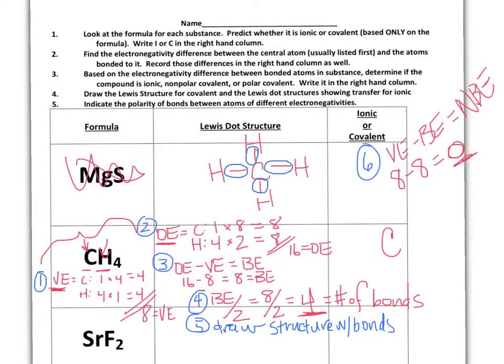But the carbon has 2, 4, 6, 8, which is what it wanted. It wanted 8 for octet. And each hydrogen has 2, 2, 2, 2. And so each of them has their octet or their ditet. I know there's another word for it, but I can't remember what it is.